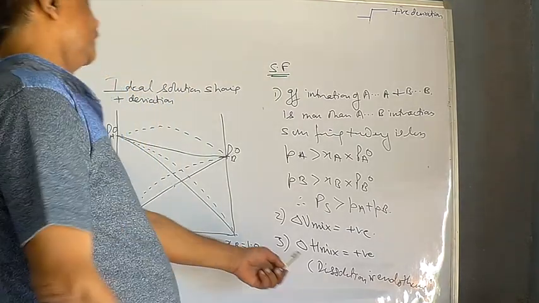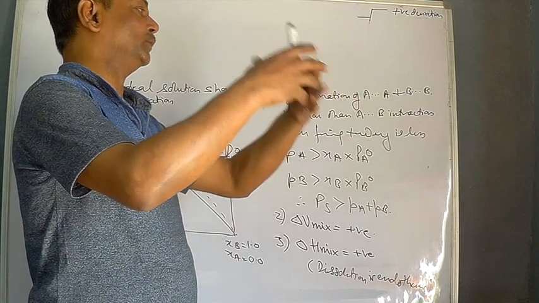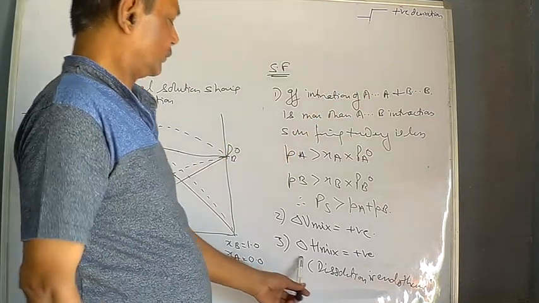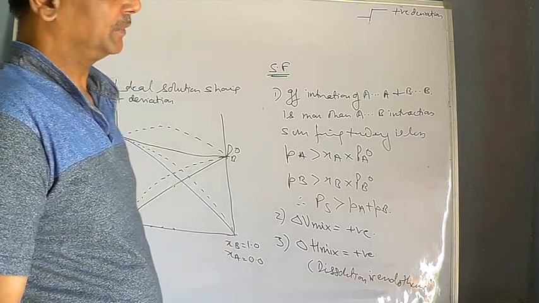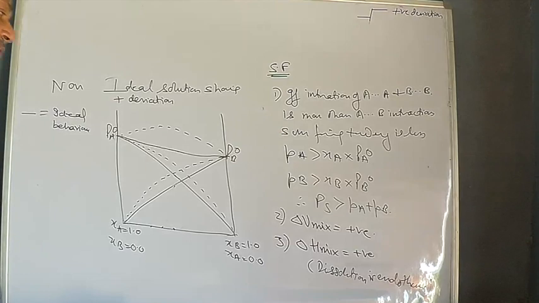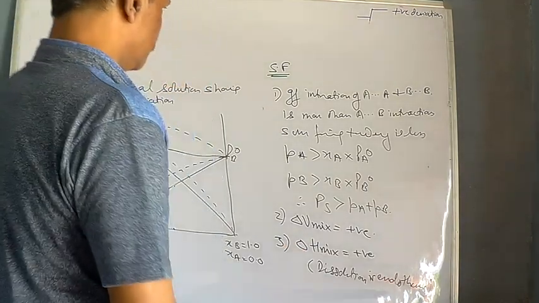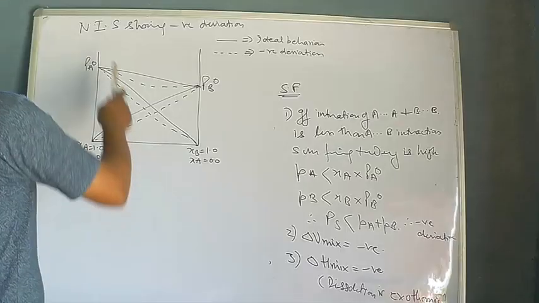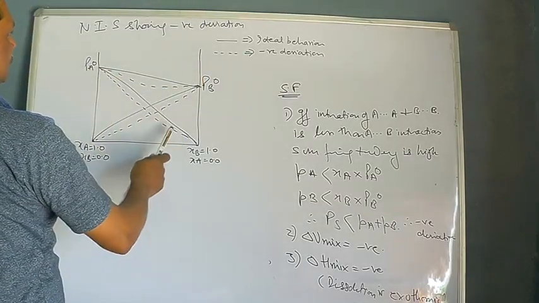But if we heat both the liquids, then the bonds break and ultimately they go into the solution. Therefore, the dissolution is always endothermic. Dissolution will take place at a very high temperature, and if it takes place at a very high temperature, dissolution becomes endothermic.